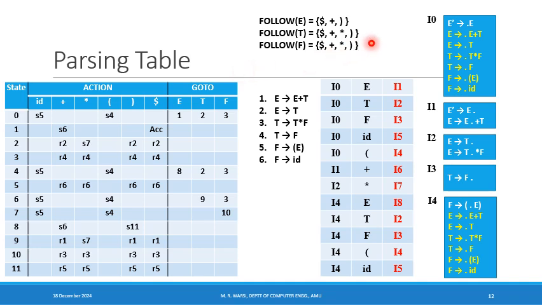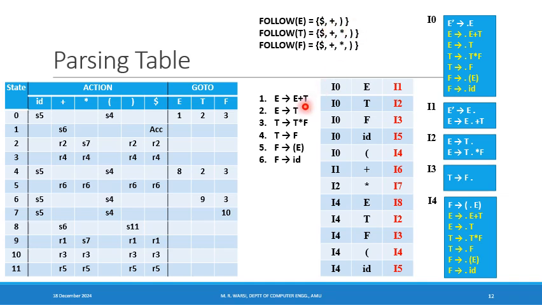The follow of capital E is dollar, plus and right parenthesis, and we can easily verify it from the grammar. Capital E is the starting variable, so dollar will be there. And I'll look at this production, plus is following capital E, and look at this production, right parenthesis following capital E. So the follow of capital E is dollar, plus and right parenthesis.